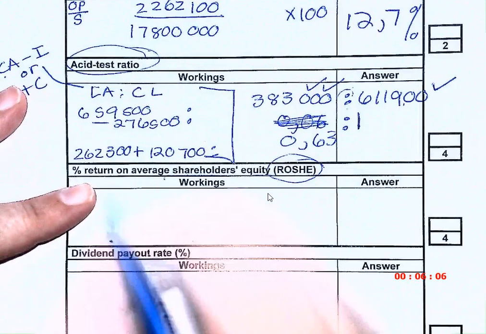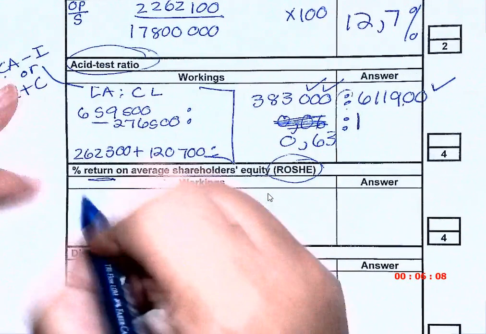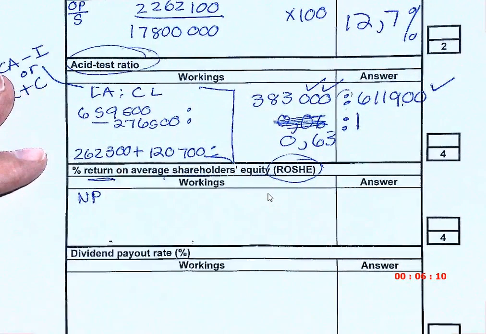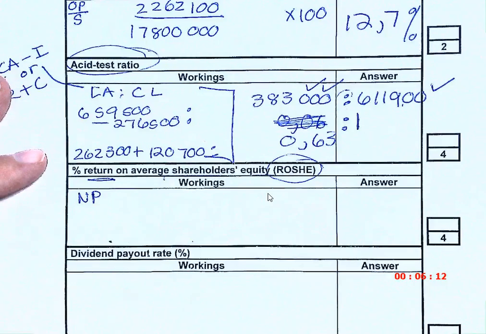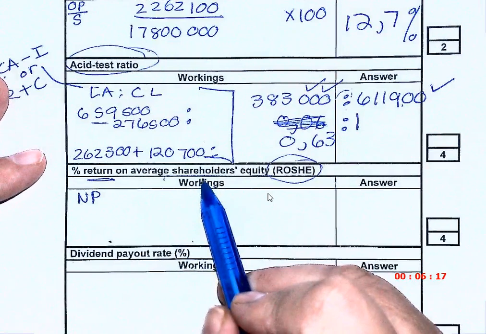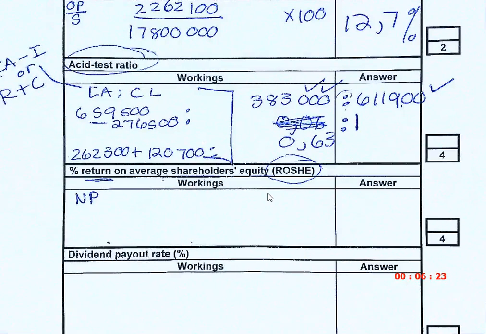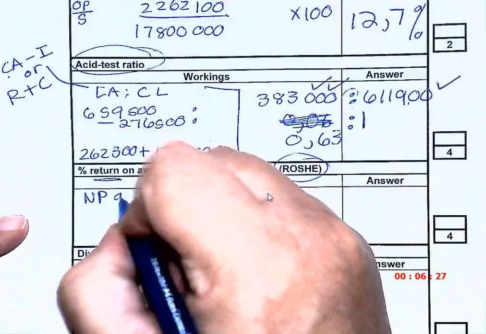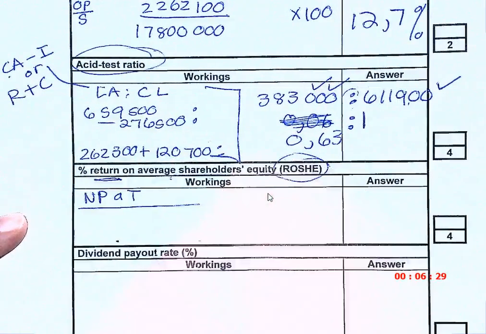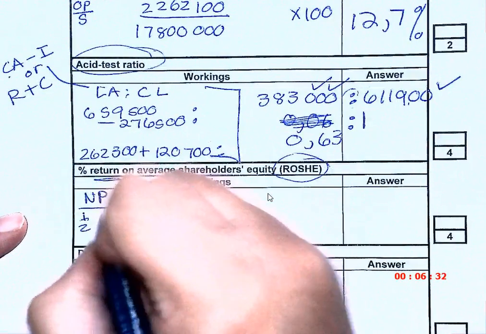So now, return is always your net profit. Okay? Now, the question is before or after tax. So I'm asking you, which one is the shareholders interested in? After tax, because after tax is what's being appropriated to them. Okay? So it's after tax, over half, SHE plus SHE.